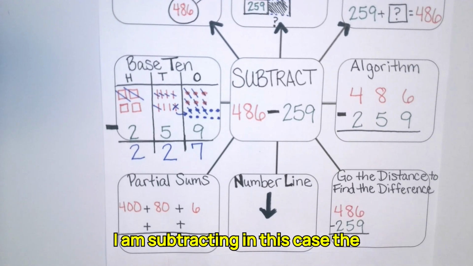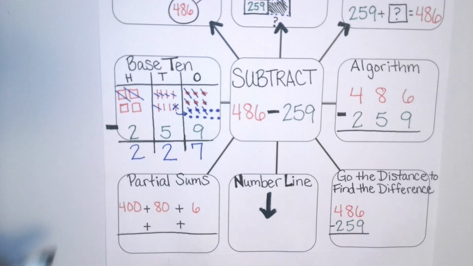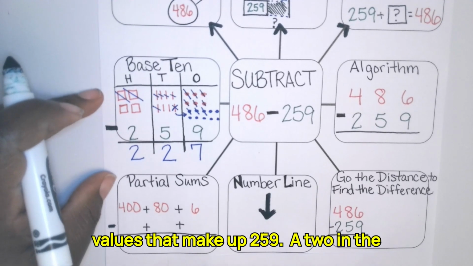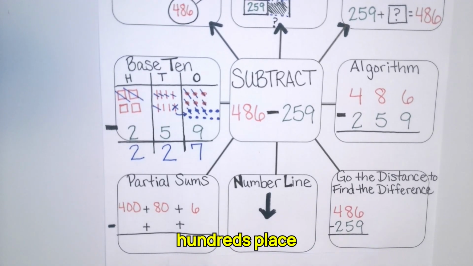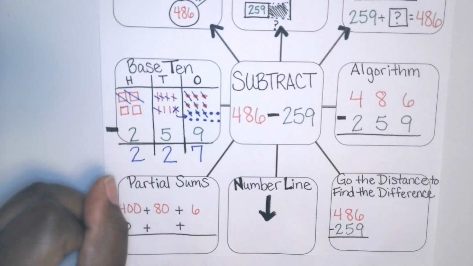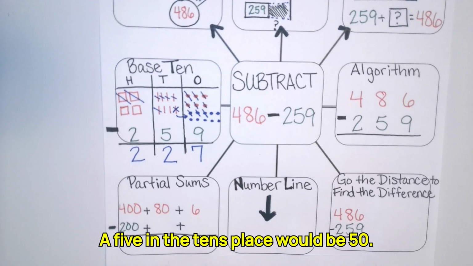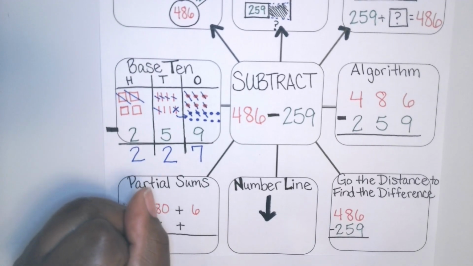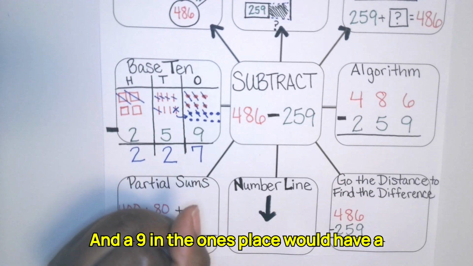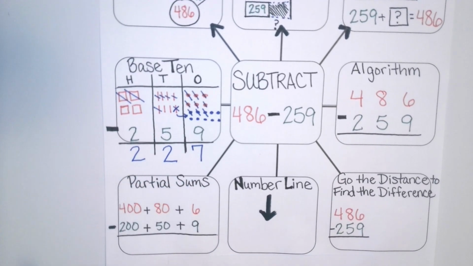I am subtracting in this case the values that make up 259. A 2 in the hundreds place would be 200. A 5 in the tens place would be 50. And a 9 in the ones place would have a value of 9.